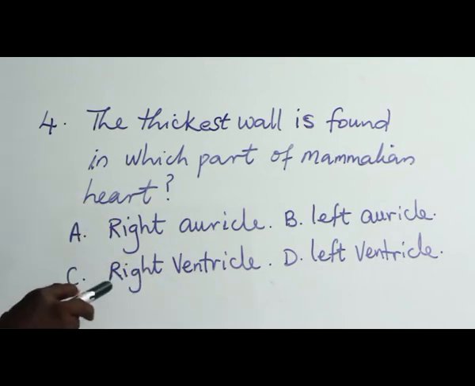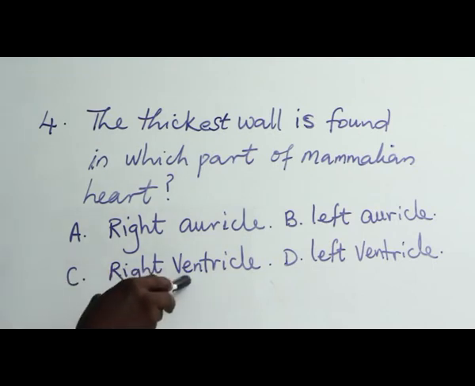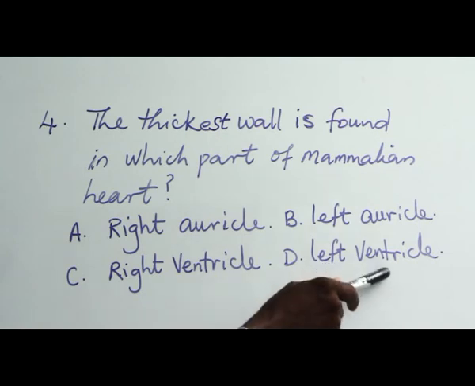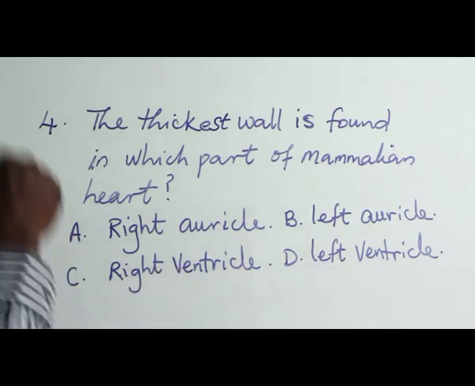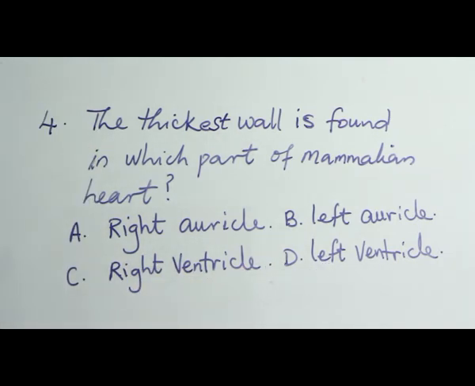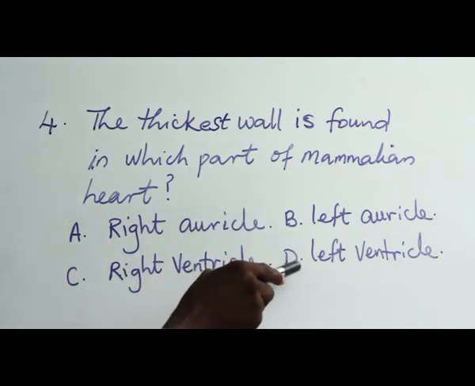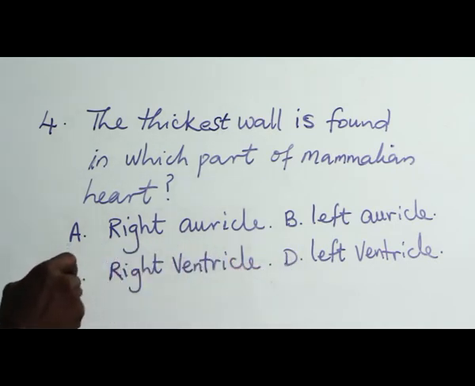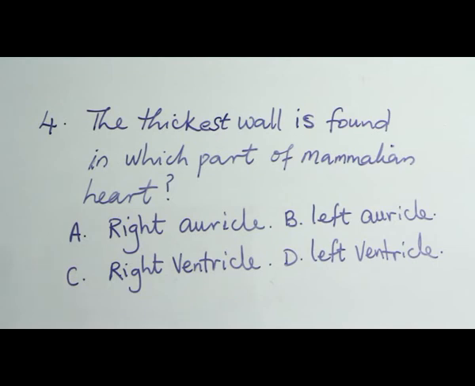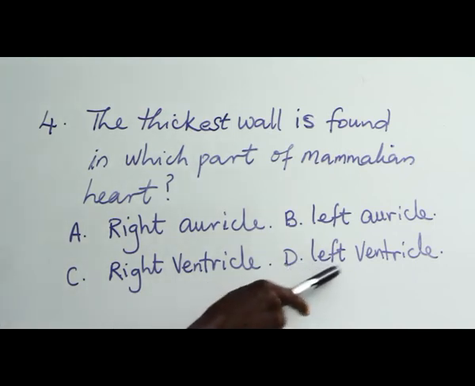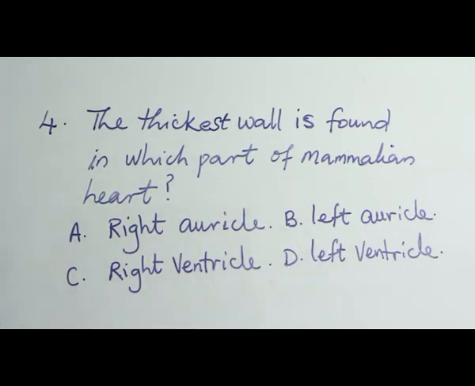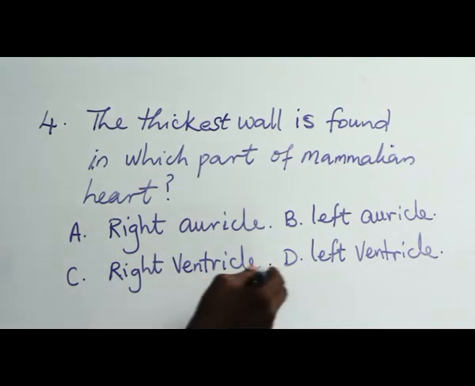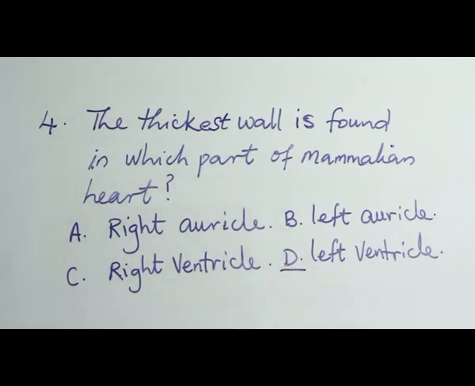Now, the right ventricle pumps blood to the lungs, while the left ventricle pumps blood to all parts of the body. Obviously, the left ventricle has a thicker wall than the right ventricle. So when looking at the diagram of the heart, you will discover the thickest wall is found in the left ventricle. So the answer to question 4 is option D, left ventricle.